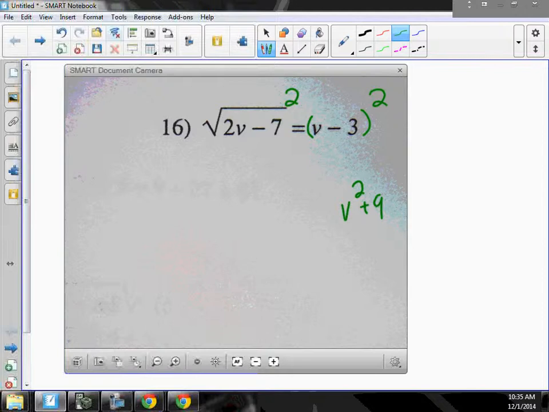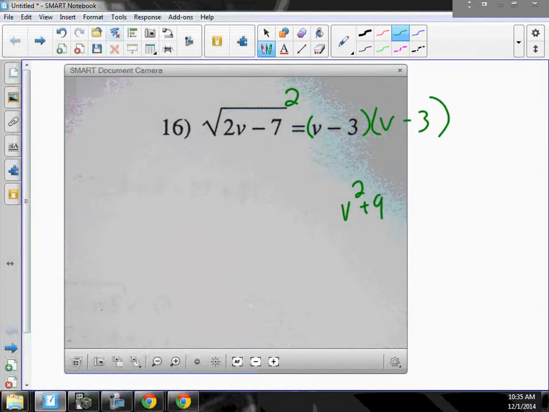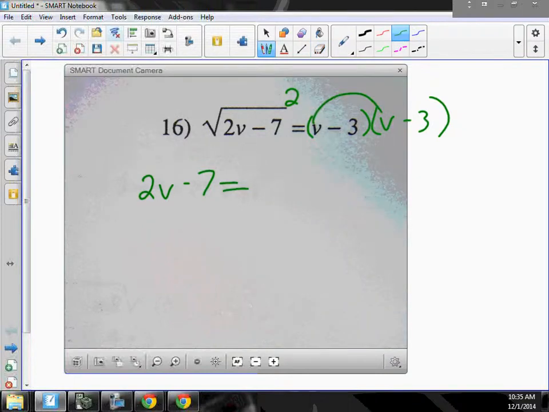That is not the correct square of v minus 3. The only way to square two numbers that are unlike, they're not like terms, is you multiply them together like this. So the left side is going to be 2v minus 7, just like you would expect. But the right side, we need to multiply it out the long way.